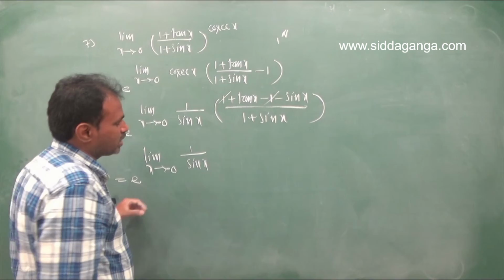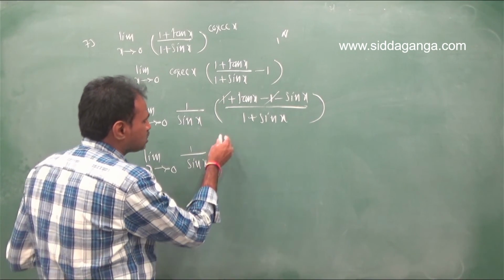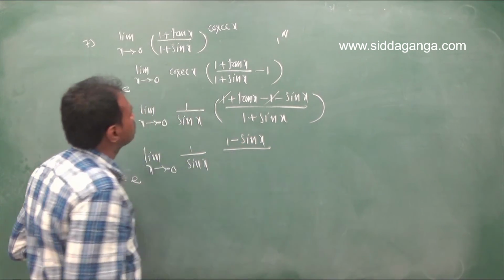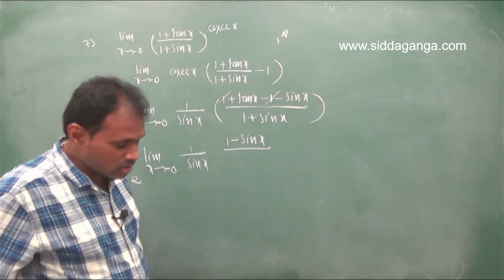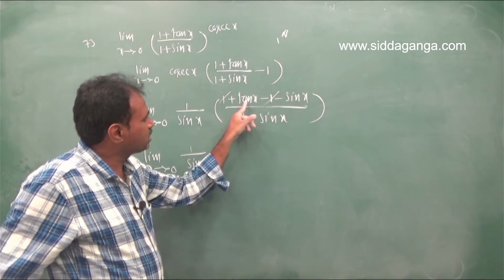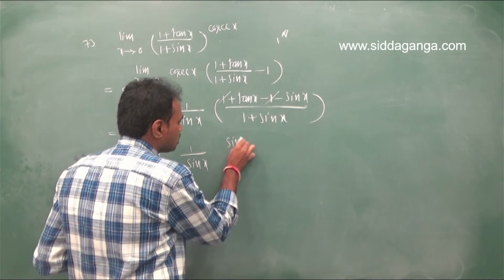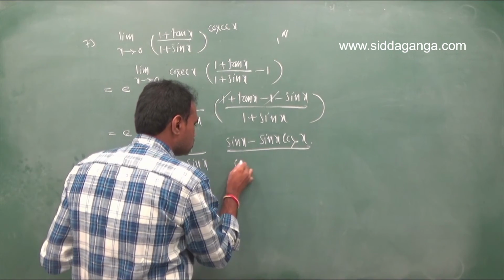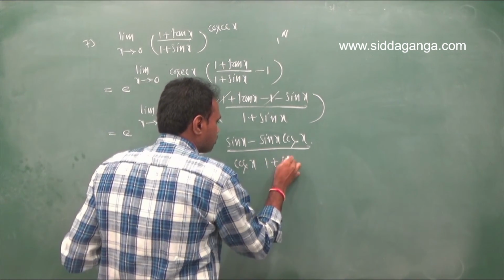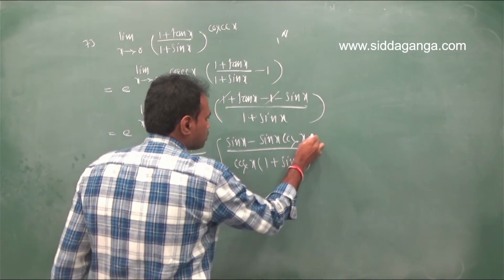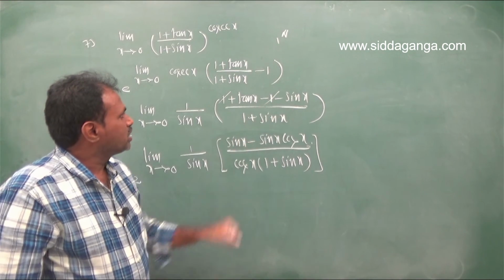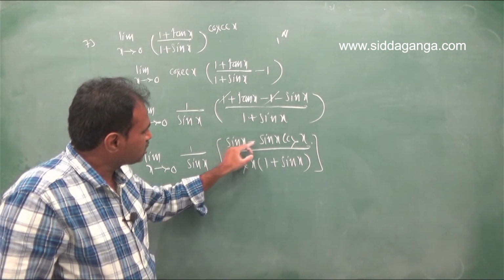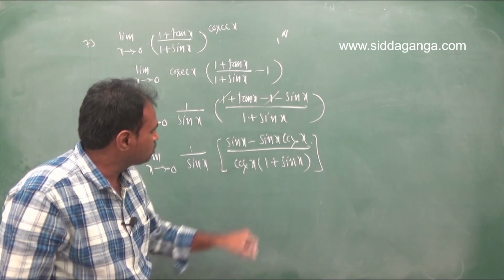here tan x minus sin x is there. Tan x you can write sin x by cos x, therefore (sin x − sin x cos x)/(cos x (1 + sin x)).